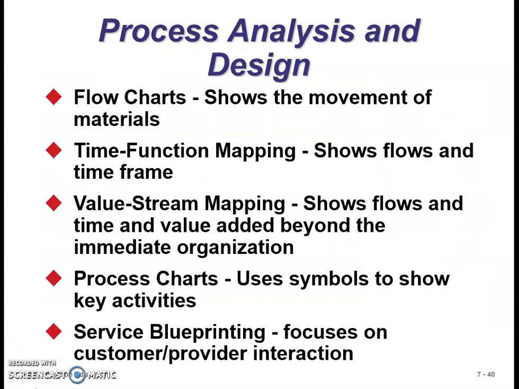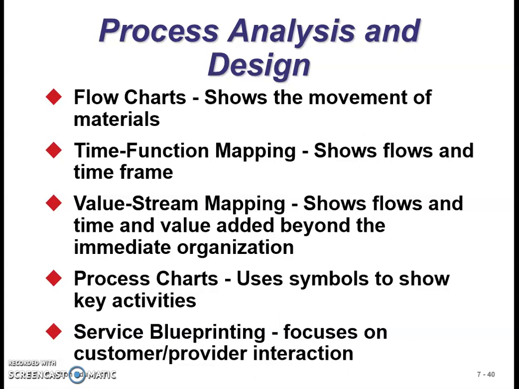We also have value stream mapping, where it shows the flows, time and value added beyond the immediate organization, which is more complex compared to flowcharts and time function mapping.